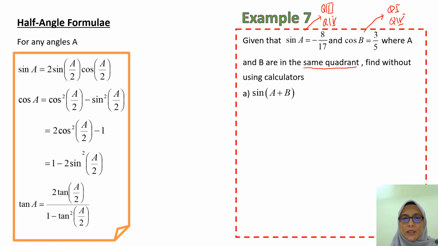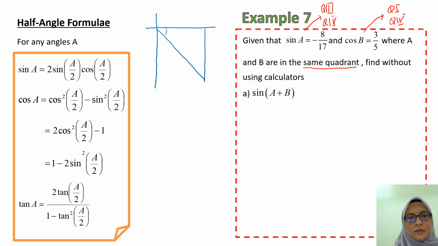Okay, so kita kena draw kita punya diagram dulu untuk angle A and B, fourth quadrant. So this is A. So A is negative 8/17. Opposite is negative 8. Hypotenuse is 17. So then this side is 15.